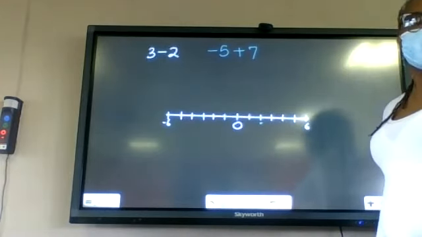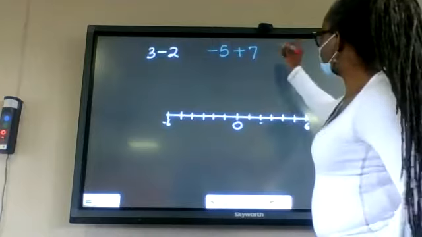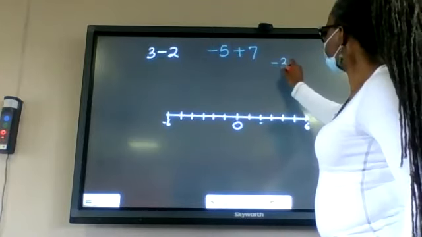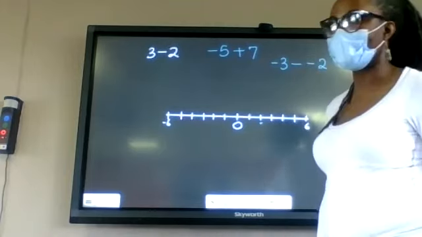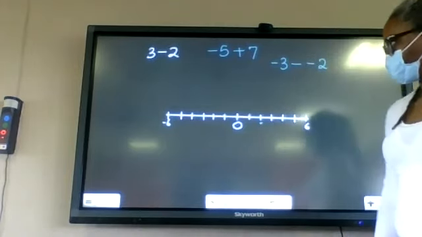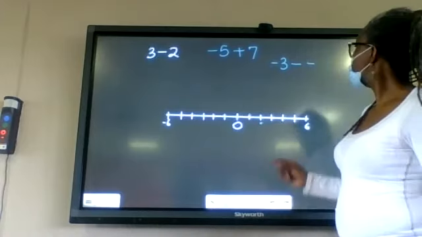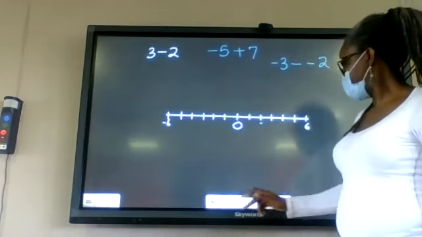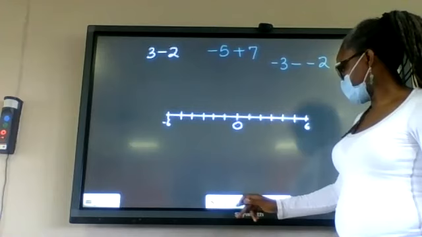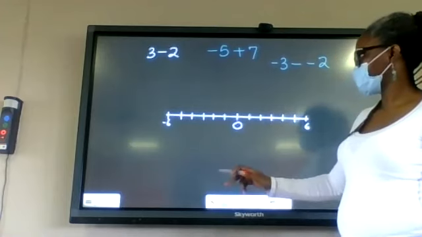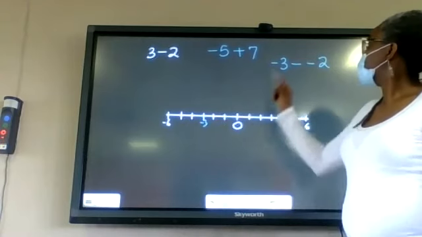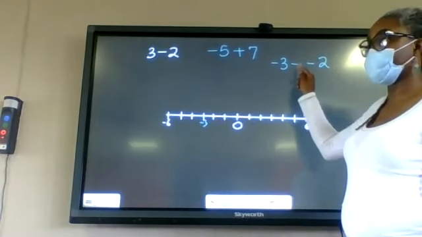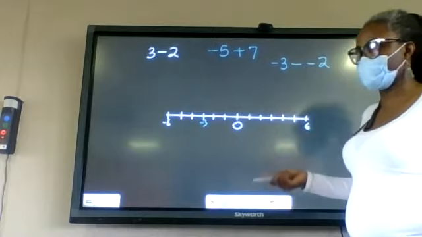Like that. Okay. Now, when I say something like -3 minus -2, it means start at -3. This one says face the negative direction, basically.